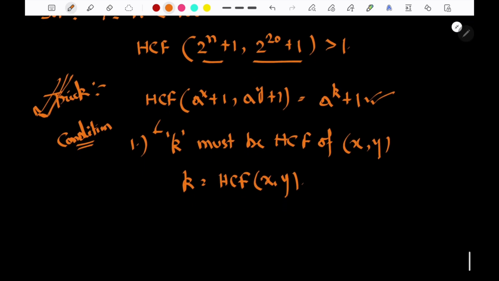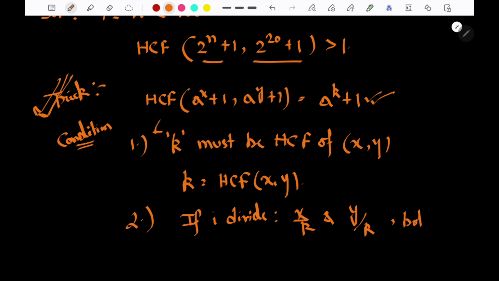What is the second thing? If I divide x by k and y by k, both must be odd numbers.